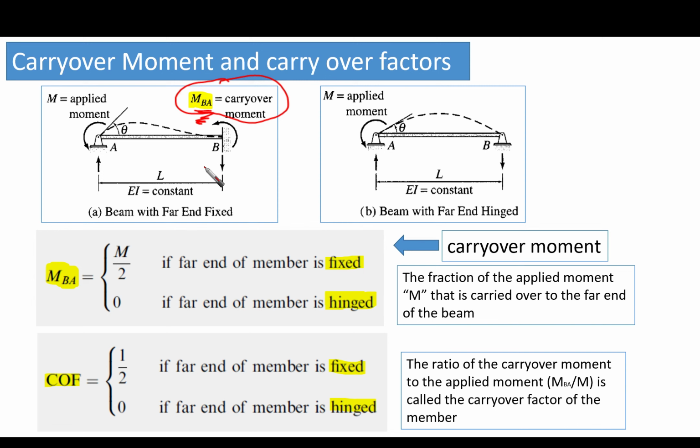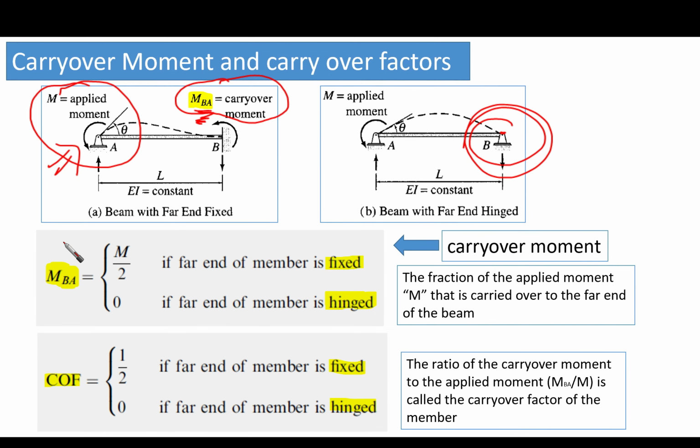However, here, because this end is released, no moment is going to be developed. This means that the carryover moment is going to be 0 and the carryover factor is going to be 0. So you can remember that the carryover moment is the resistance of the far end to the applied moment at the opposite end, at point A.